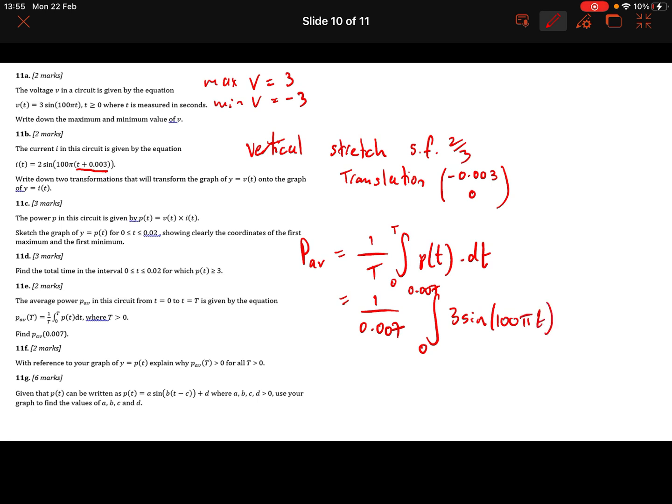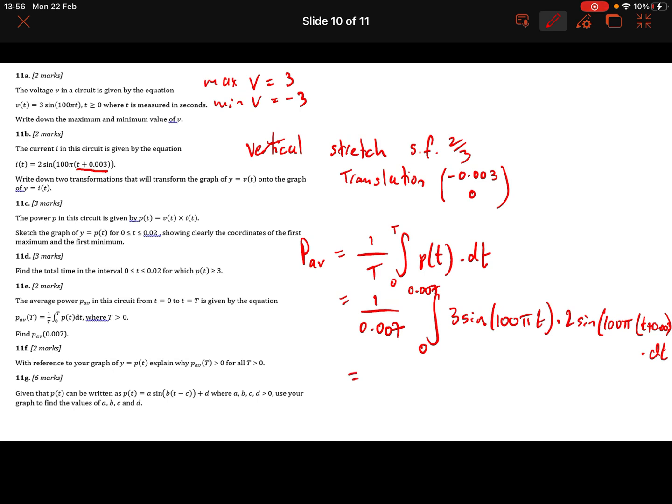Okay, so you just stuff it in your calculator. Just stick all of that into your calculator, and I'm not going to waste time doing that, so I'm just going to look at the answer scheme. If you put all that into your calculator, it will just say 2.87 to 3 significant figures. That's a question you should never get wrong, because you can just use your calculator to do that.